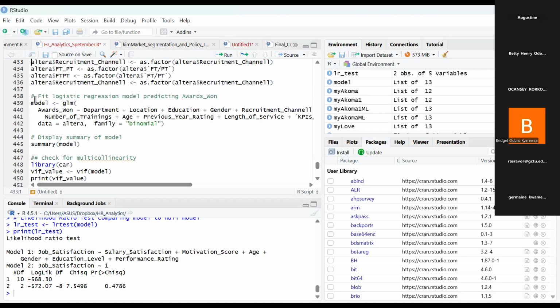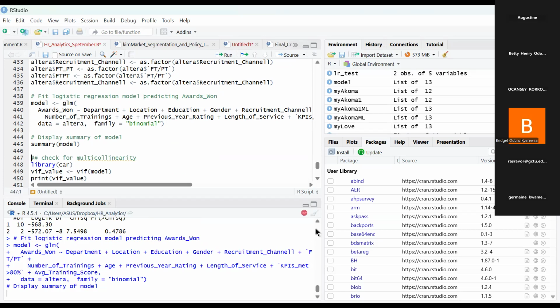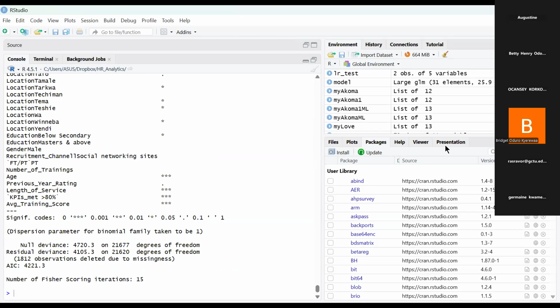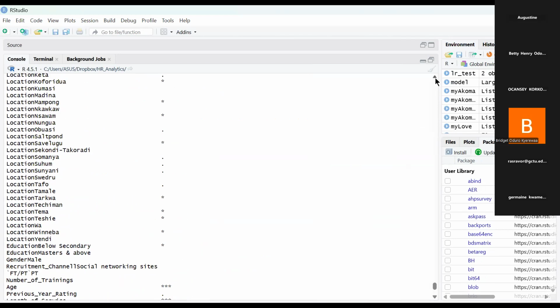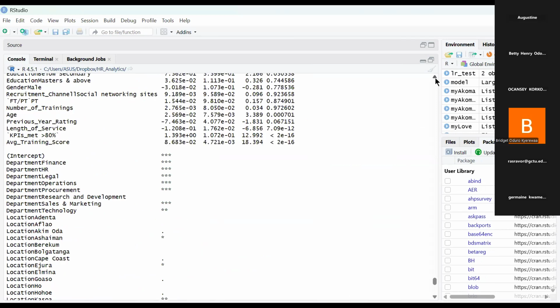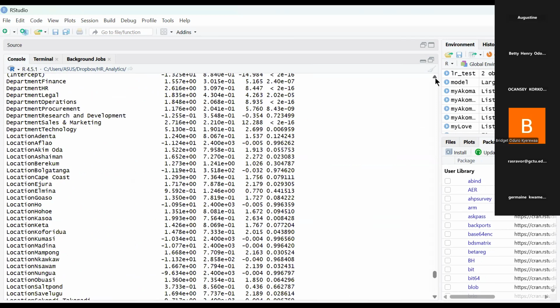When you run this model fit, this particular model, and then you print, you have this whole result coming up. It's a very lengthy result.